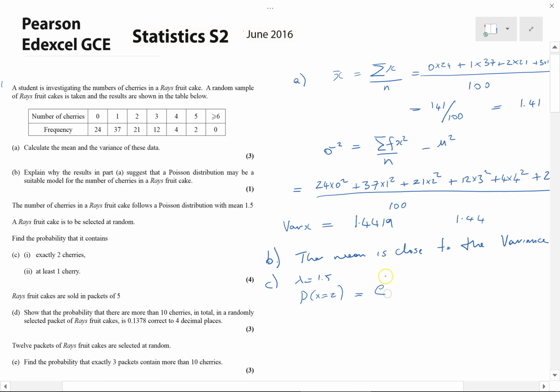So that's e to the power of minus lambda, and lambda is 1.5 here, times 1.5 to the value of what x is, which is squared, divided by x factorial, and that comes to 0.2510. It can be got from the tables, but I haven't. It might be worth using the tables as a check. That's part C1.